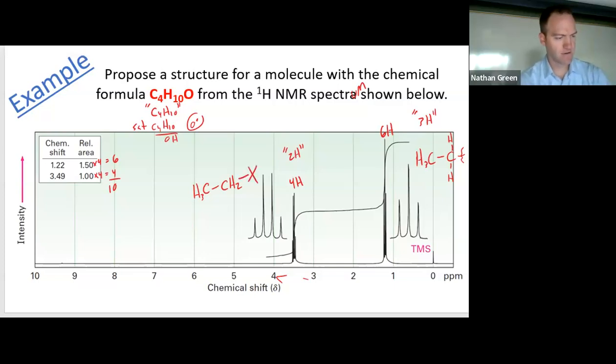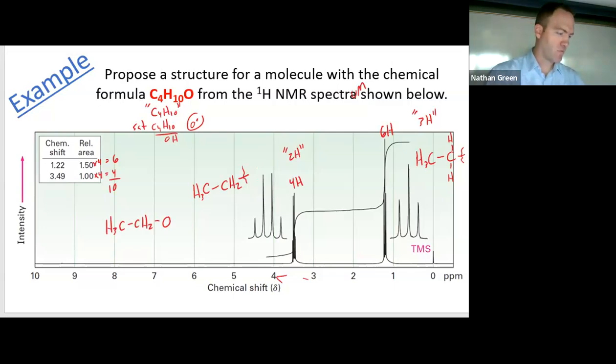In oxygen, I have an electronegative atom that I can use to pull that away. I didn't define this, but it's very likely that I have a CH3 next to a CH2 next to an oxygen, because that means this CH2 would be deshielded compared to the CH3. The CH2 would show up further to the left.